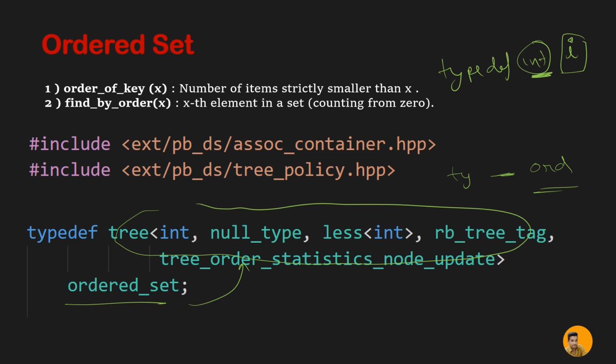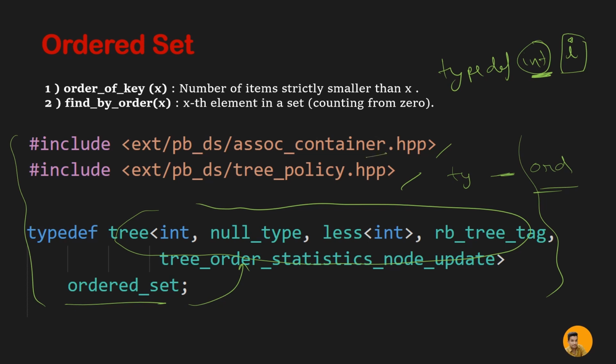That's why we are using this PBDS, policy based data structure, to overcome the time limit exceeded error. If you are overwhelmed to see all these things, you don't have to worry, because you can just memorize this, or while practicing you will remember it. If not, you can just write it, and for the time being just try to practice this.